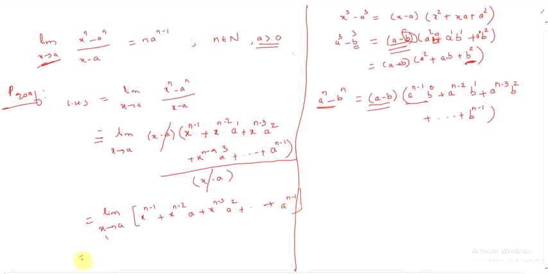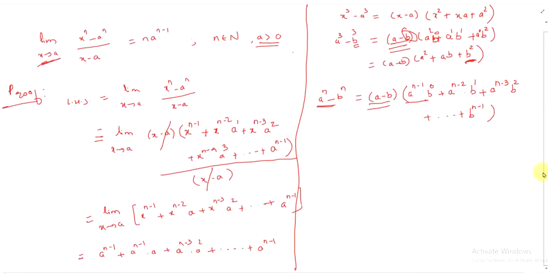Now as I have explained, this is a polynomial, and after taking the limit we can replace x by a. So the terms become a raised to n minus 1 plus a raised to n minus 2 into a plus a raised to n minus 3 into a square plus so on, plus a raised to n minus 1, like this one.